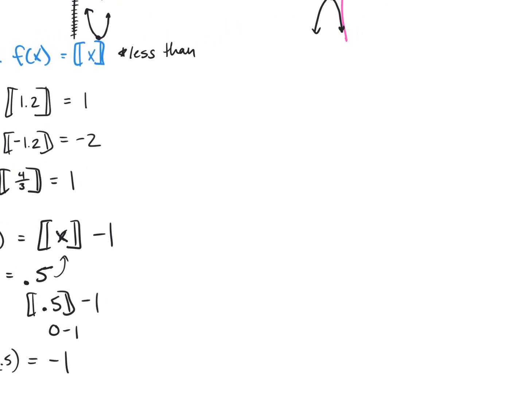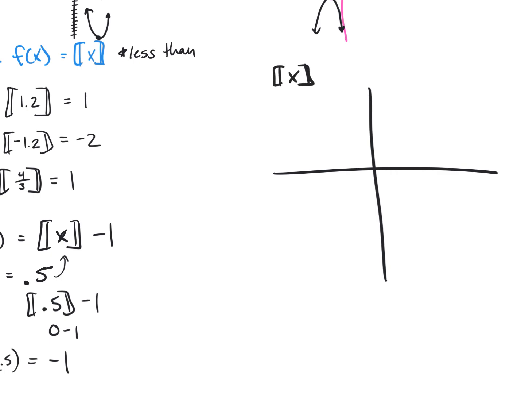The right side has the open circle. So if we were to graph it, let's just say it was just x. So let's plug in, if we plugged in 0, what would it be? 0. So our first point would be 0, 0.